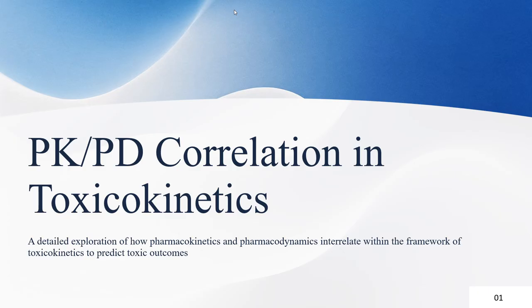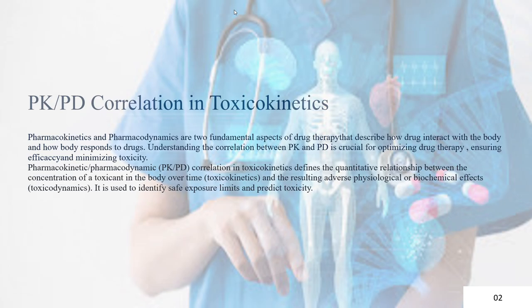The second is pharmacodynamics, which describes what the drug or toxicant does to the body, including its beneficial effect as well as toxic effect. So PKPD correlation establishes a quantitative relationship between the concentration of the toxicant in the body and the adverse effect it produces over time. This relationship helps to predict toxicity, determine safe exposure limits, and improve risk assessment.